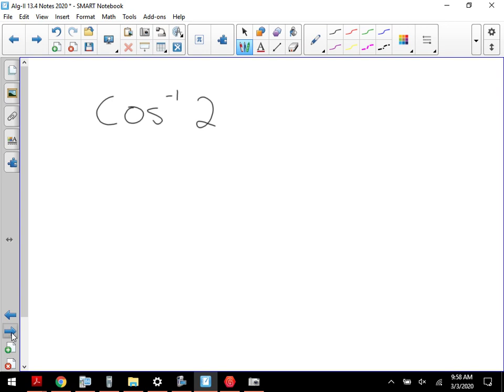That's what you're searching for, between 0 and pi. Is any value between 0 and pi, is cosine ever equal to 2? Probably not. No. What's the maximum it can be? 1. So this is no. It can't be beyond 1. No angles have a cosine value greater than 1. Last time I checked, 2 is greater than 1.